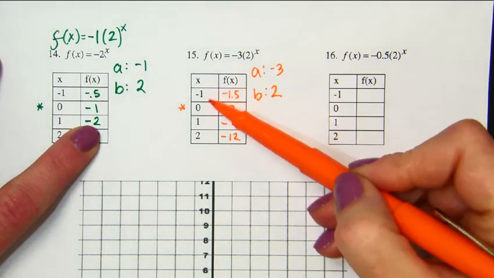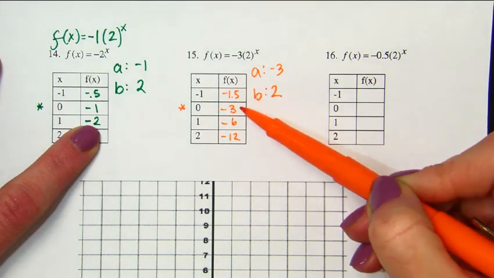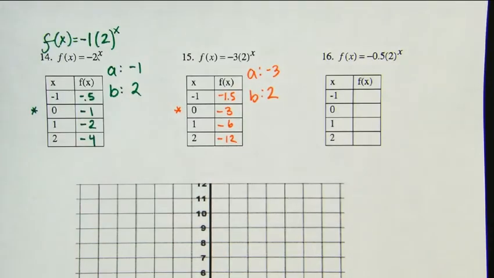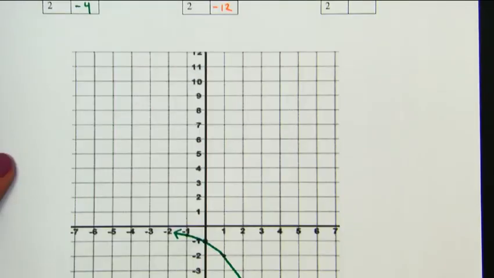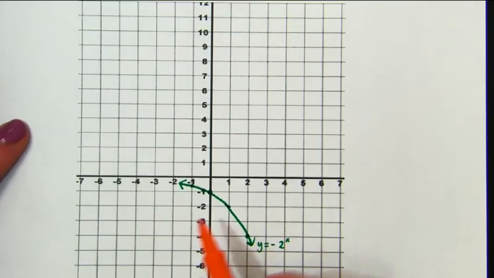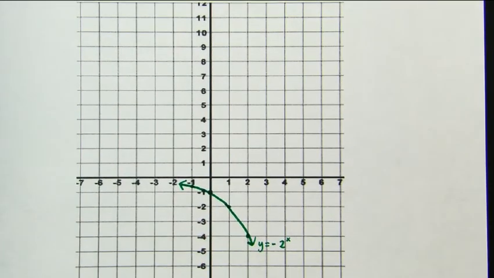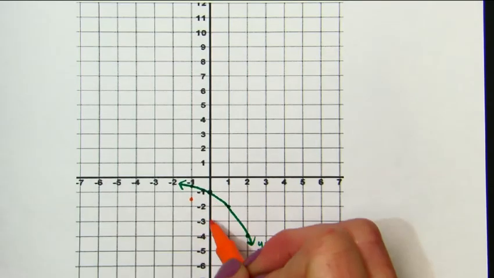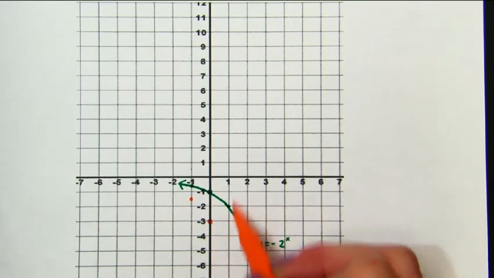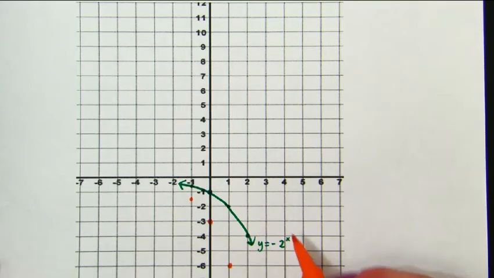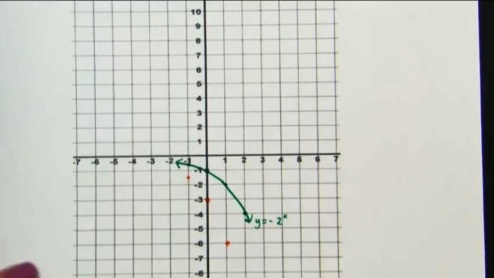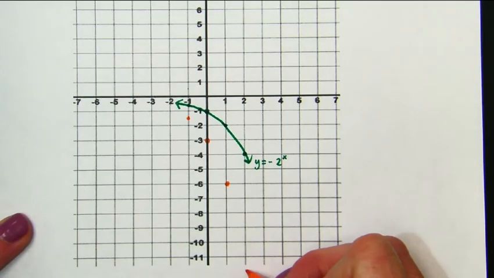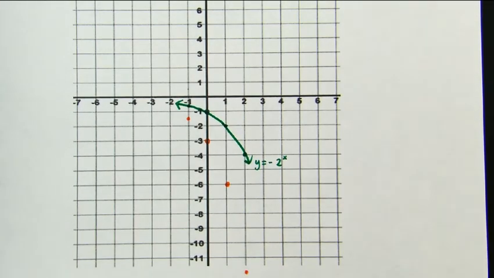Remember, our x's are going by 1s, so the geometric sequence will follow with the ratio. And then go ahead and graph. I don't have -12 here, but it's close enough that we can make our best guesstimate there.